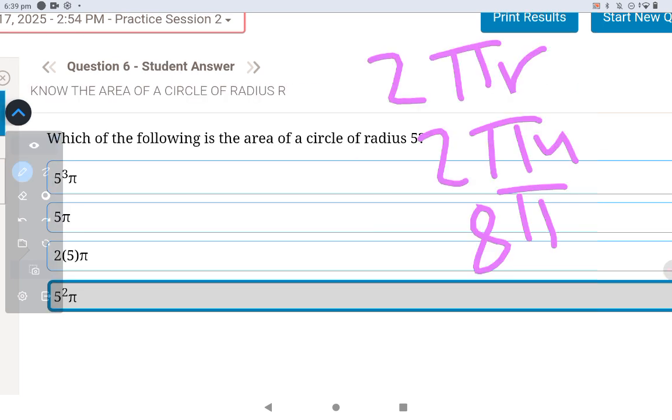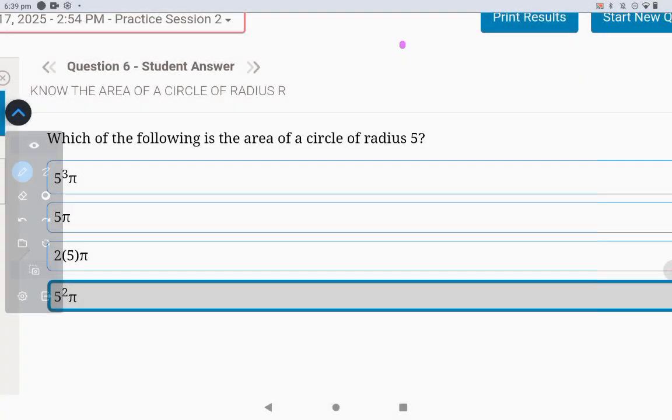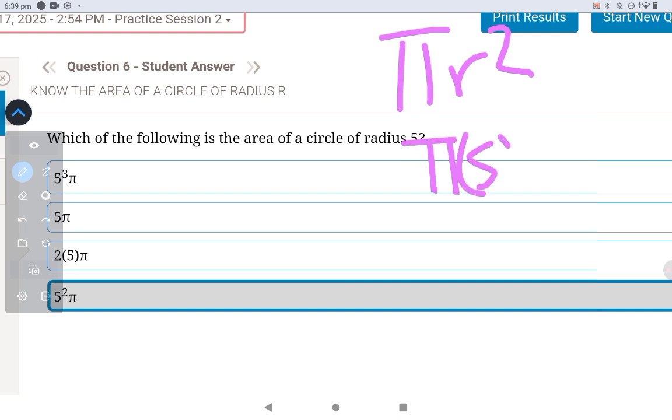The area of a circle is pi r square. Radius is 5, square. Now they don't want us to find 5 square, they just gave it as 5 square over here, so that's the answer, 5 square pi.